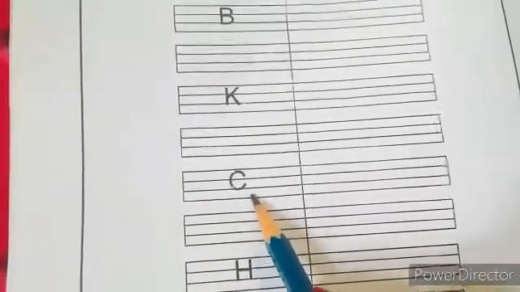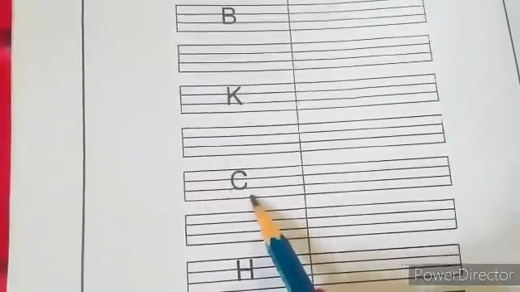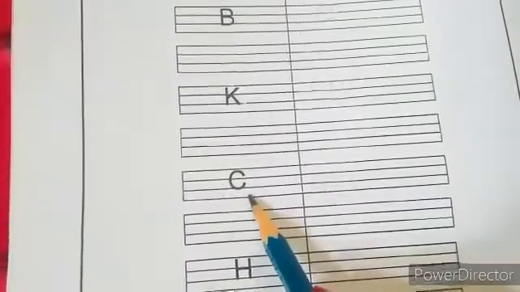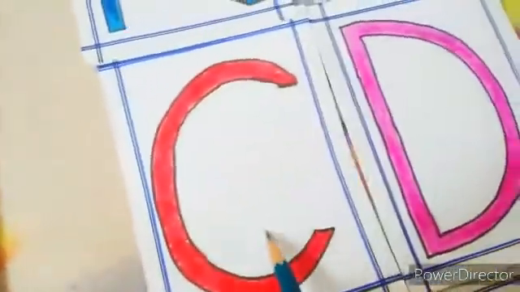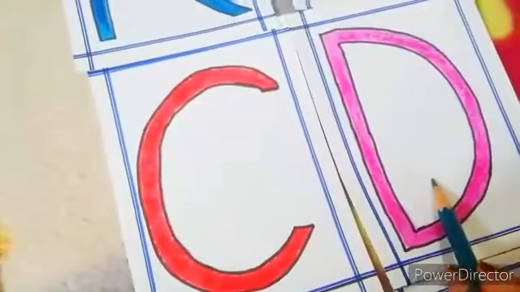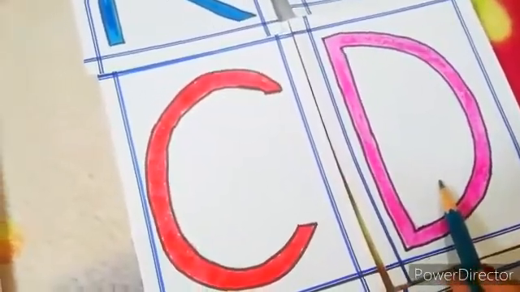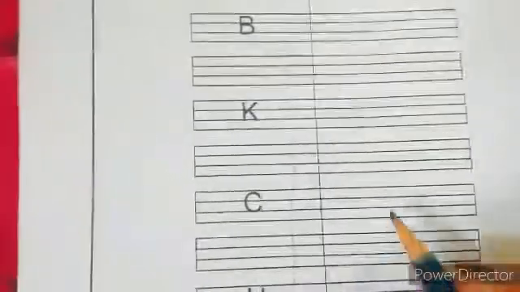Yes, this is the letter C. Now tell me which letter comes after the letter C? C, D. So the letter D comes after the letter C. So write over here D.